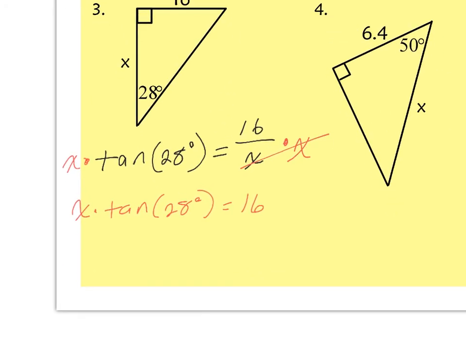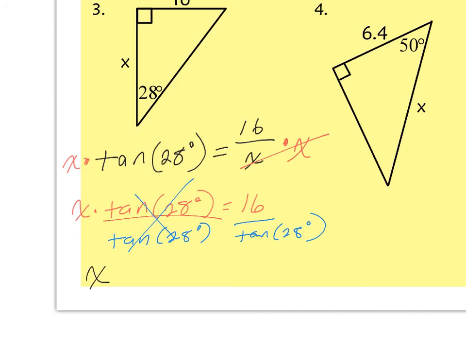Now I need to divide by what I want rid of, which in this case is the tangent of 28 degrees. Those are going to cancel out on that side. And I'm left with x over here equals 16 divided by the tangent of 28 degrees. And it's going to be, like I said, still following that setup.